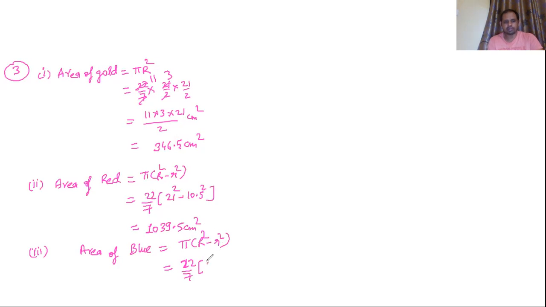It is 31.5 whole square minus 21 square. And if you simplify this one, you will get the area of the blue.